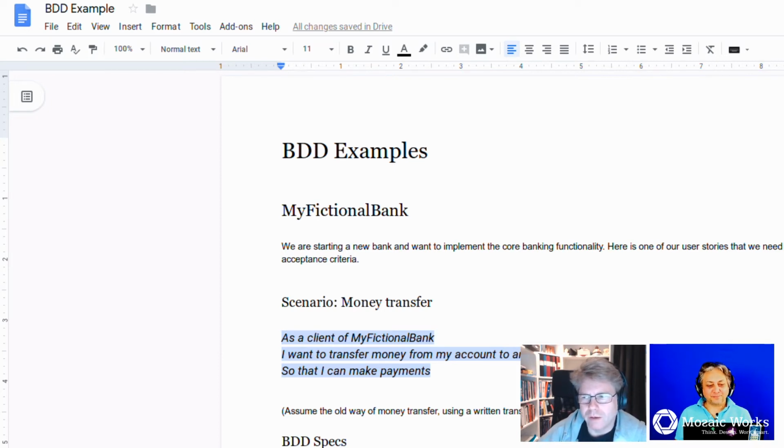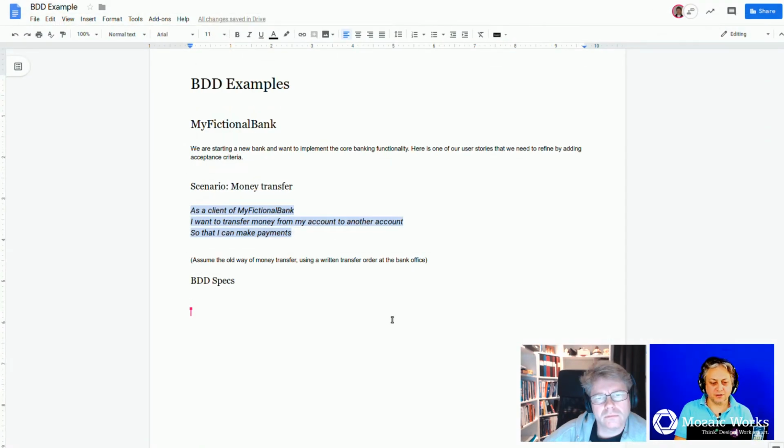Let's imagine we are in a team. I could play the product owner or client role and have this conversation. The user story we focus on is money transfer. So we have a scenario about money transferring.